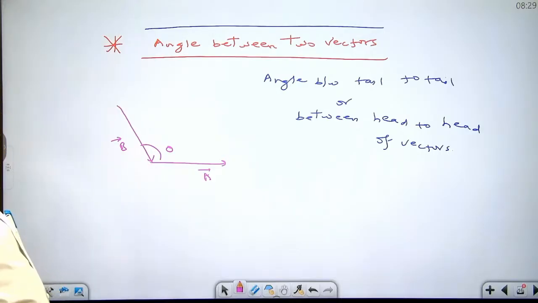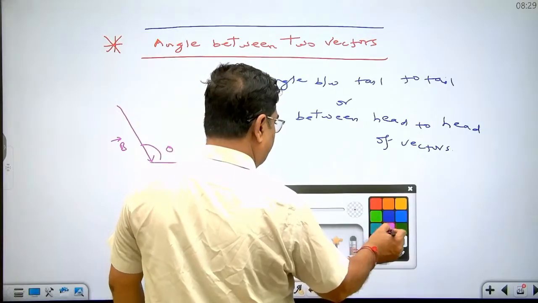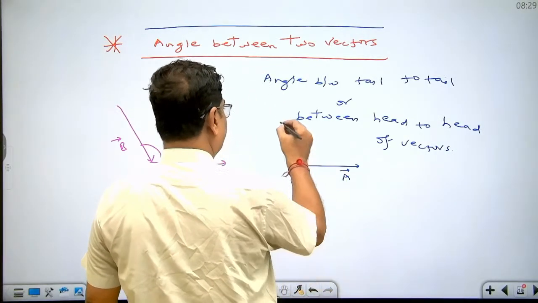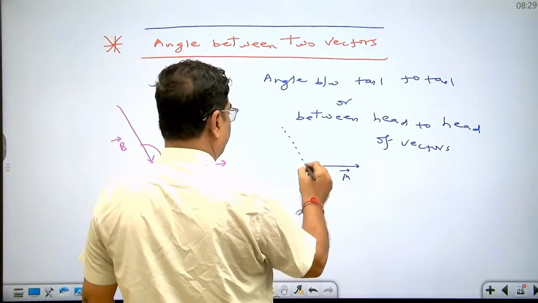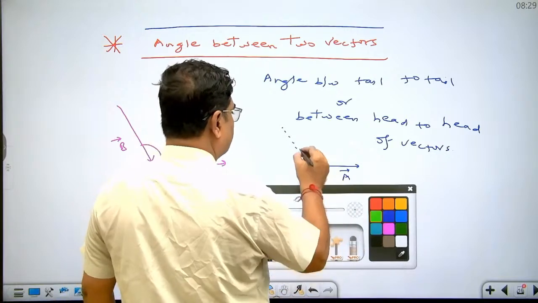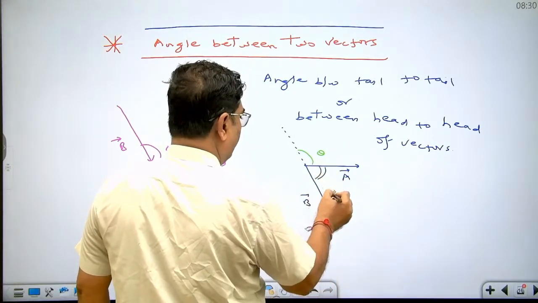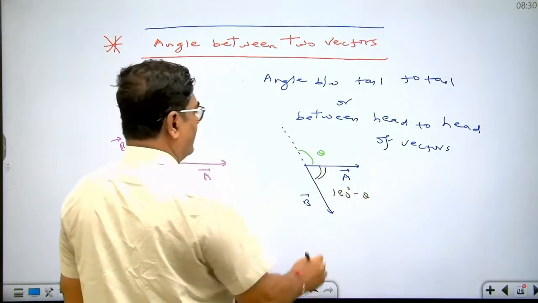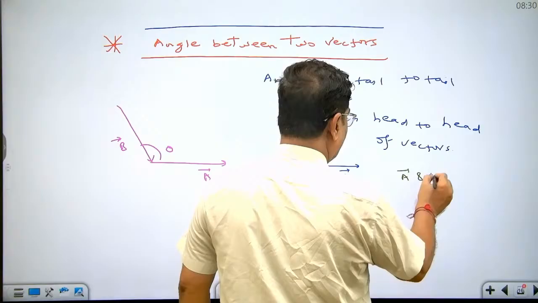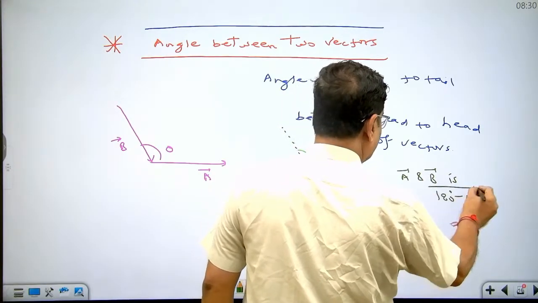So you have to shift either vector A or vector B. If we shift vector B parallel, since this angle was theta, this angle will be 180 minus theta. So the angle between vector A and vector B is 180 degrees minus theta in this question.